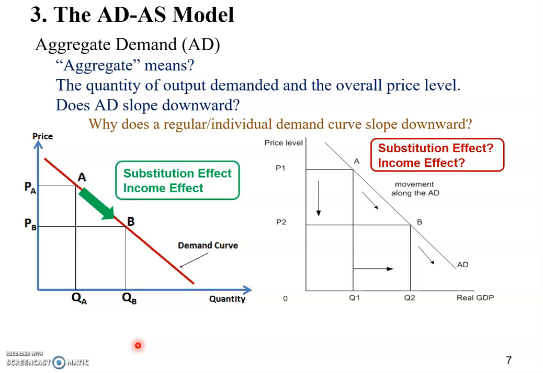Now let's think about the substitution effect. Here, when the price goes down from P1 to P2, we've got to remember that on the vertical axis, this is the overall price level. In other words, this decrease in the price is not happening to just one product.